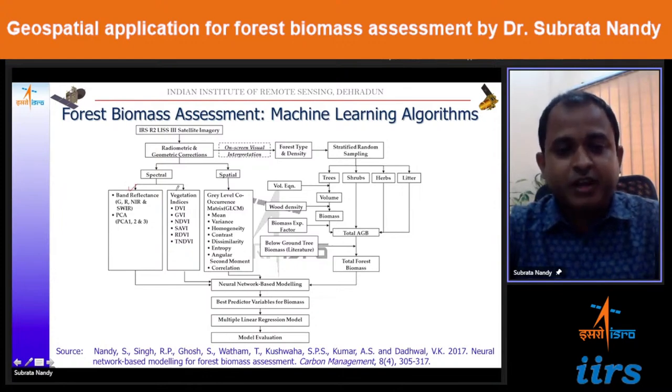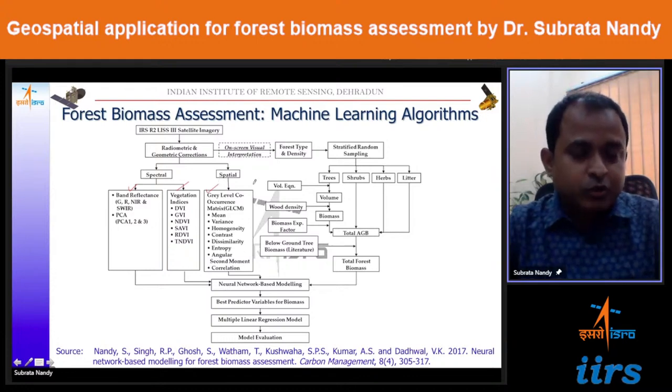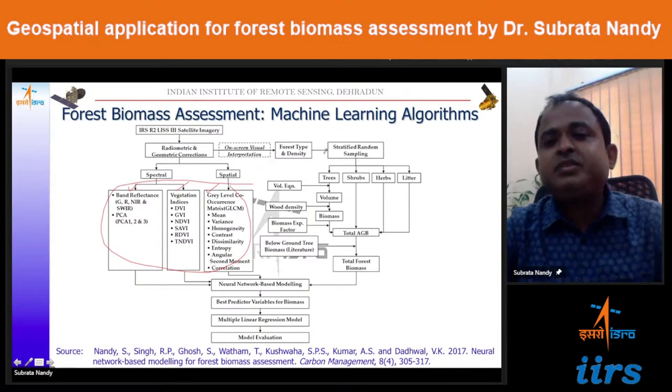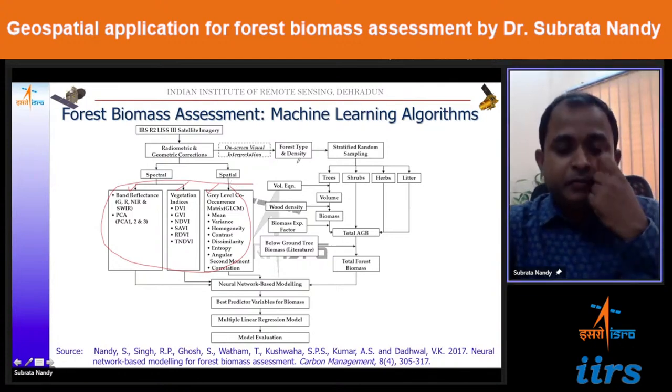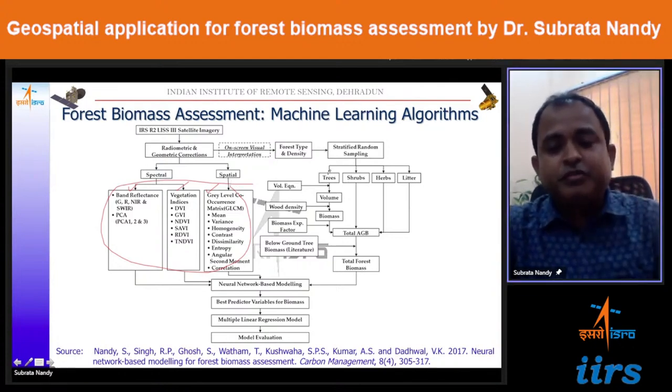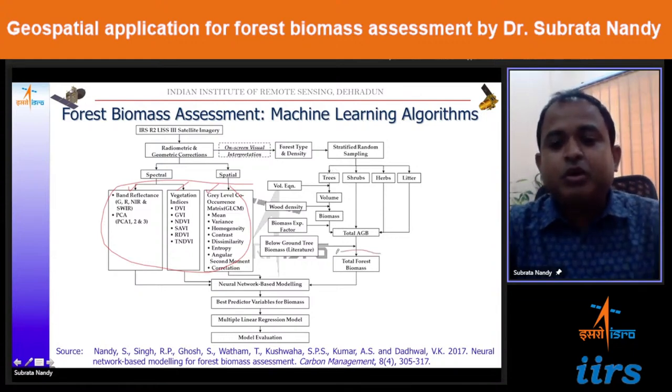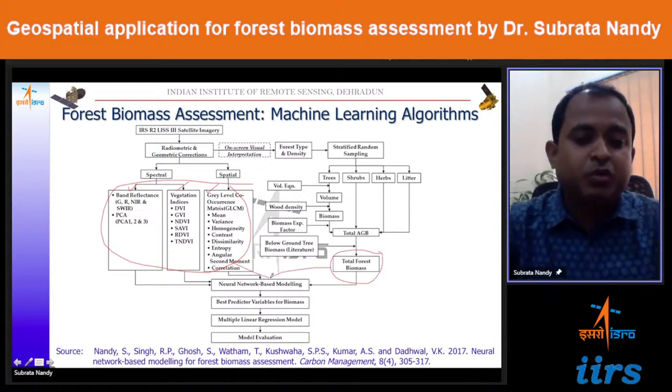So this is band reflectance, then you have indices, then you have texture values also. These are the variables that we are using now. In field data, we have sampled trees, shrubs, herbs, and litter, and ultimately we got the total forest biomass. And then for the modeling, the integration approach was a neural network based modeling approach.